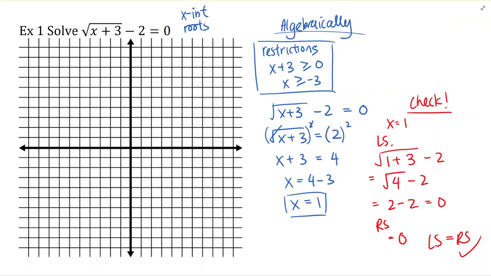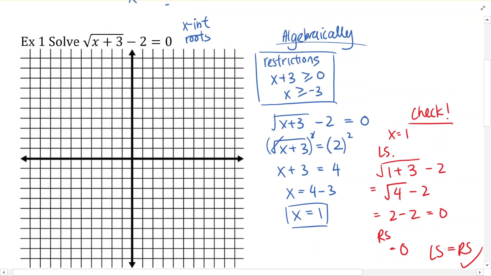So recap again. This is a radical function, so this is back to our 2.1. Now what do we have here? This 3 is a horizontal translation, and we are specifically going to the left 3. And this 2 is a vertical translation, down 2.